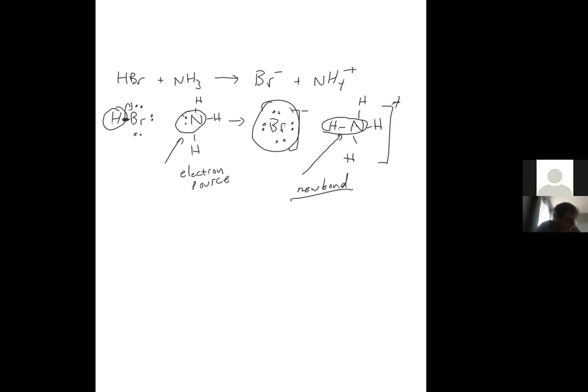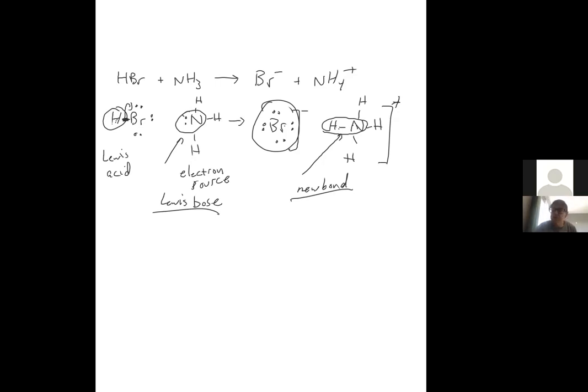And so this is the base. This one formed a bond to the nitrogen, but it didn't use its own electrons, so it's the acid. And let's be careful, this is called a Lewis acid. Okay, so the HBr is both a Bronsted acid and a Lewis acid.